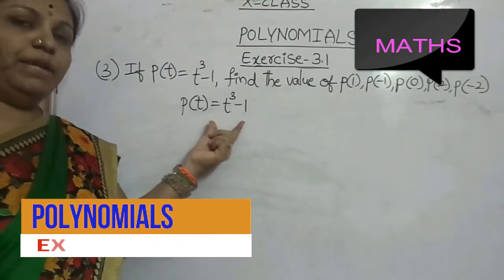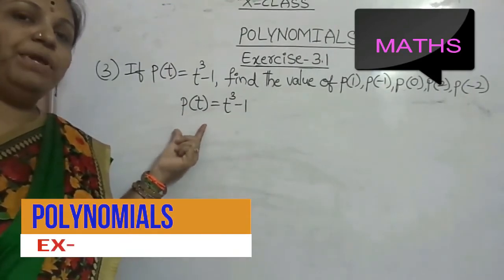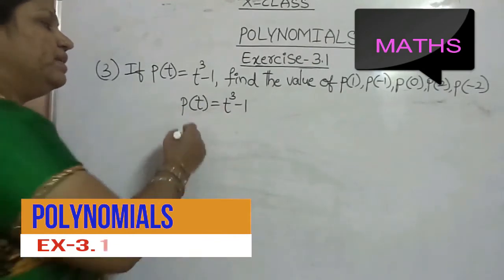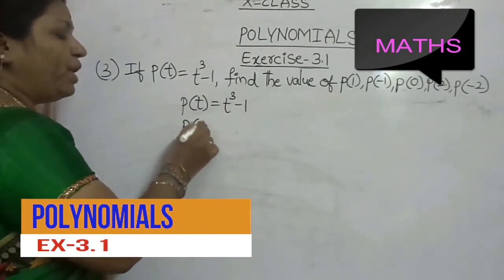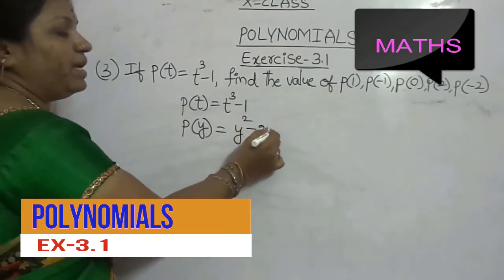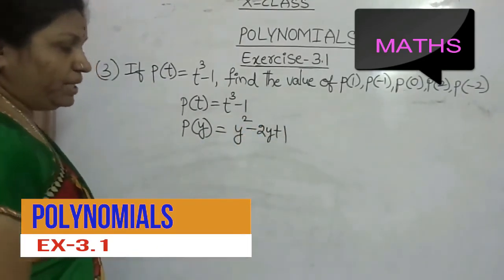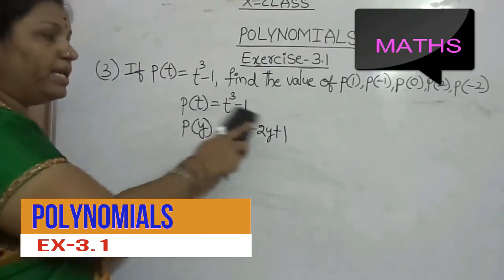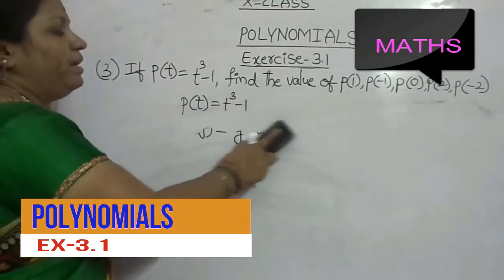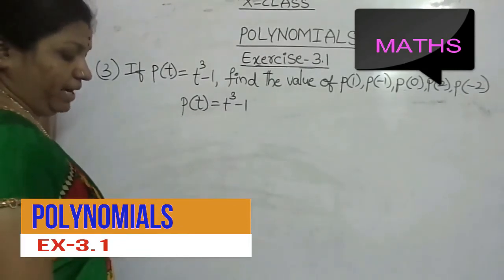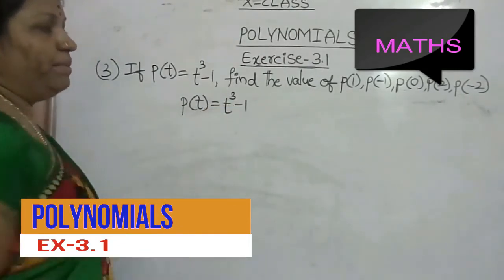In the previous problem p of x was a polynomial in terms of x. Suppose I write a polynomial in terms of y, y square minus 2y plus 1, then p of y represents a polynomial in terms of y. Here p of t is equal to t cube minus 1 is given in terms of t.